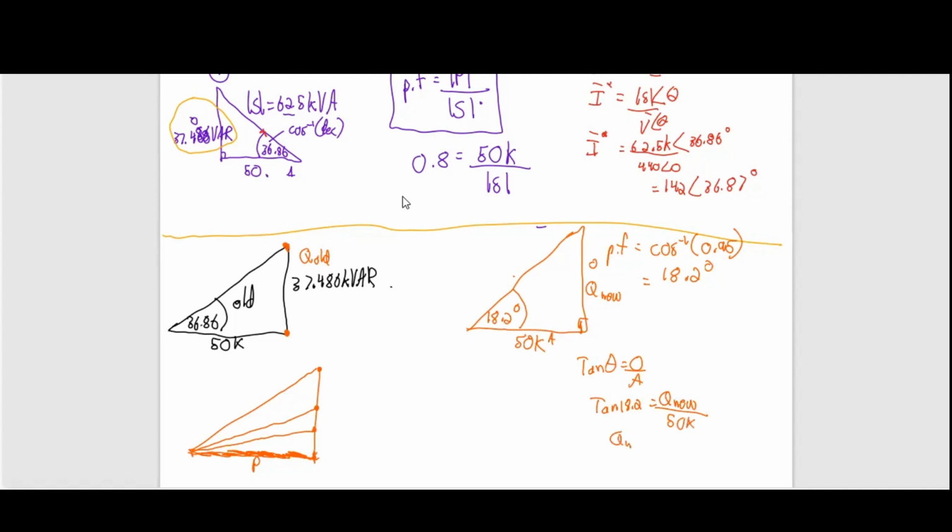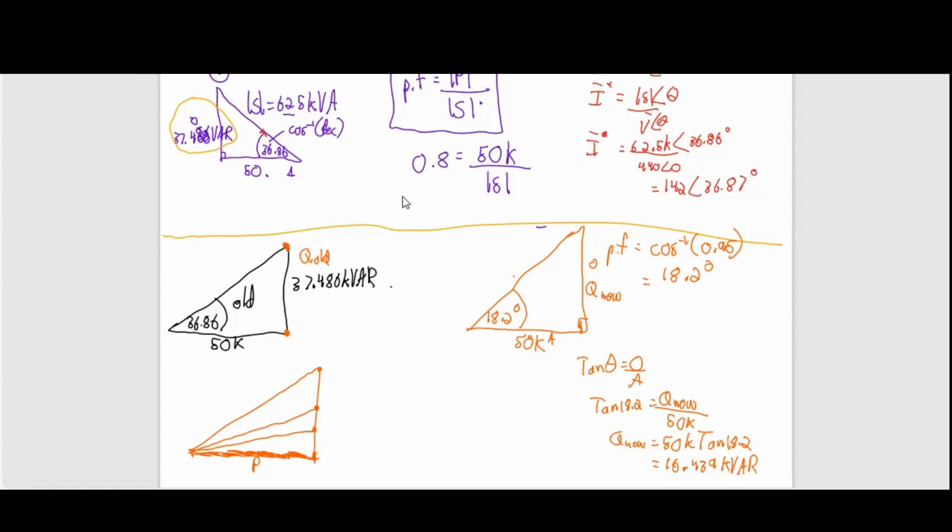So Q new equals 50K times tan 18.2. On the calculator, 50, 1, 2, 3, tan 18.2, you get 16.439 kilovolts.